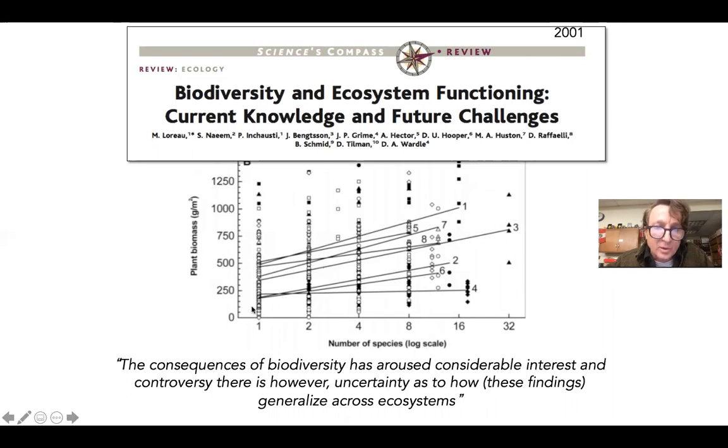This paper presents a plot of the total number of experimental studies at the time, looking at the relationship between the number of species and a measure of ecosystem function, that is, the total amount of plant biomass present. What they find is that in general, yes, they tend to find these positive correlations, but I think you can all agree that the strength of that correlation is really low. That is, there's a lot of variation across here.